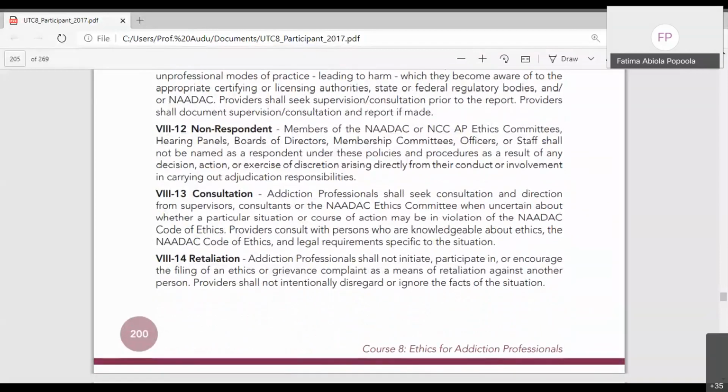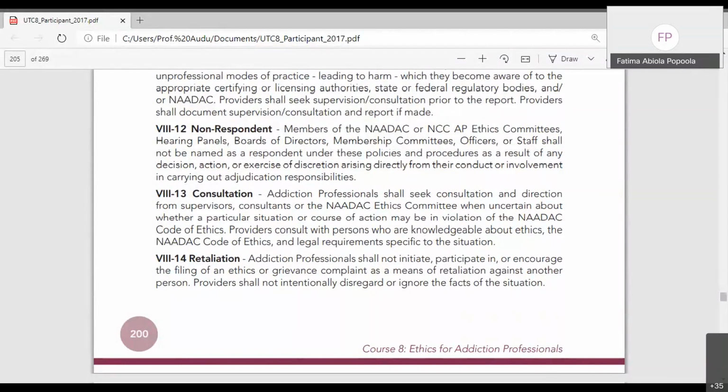Addiction professionals shall seek consultation and direction from supervisors, consultants, or the NADAC Ethics Committee when uncertain about whether a particular situation or course of action may be in violation of the NADAC Code of Ethics. Providers consult with persons who are knowledgeable about ethics, the NADAC Code of Ethics, and legal requirements specific to the situation. 14.